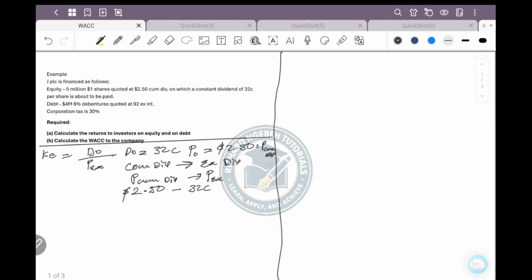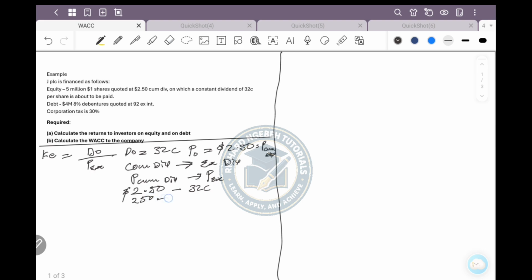But what I will advise is that you change everything to cents so that it will be easier. So it will not be $2.50 again, it will be 250 cents.